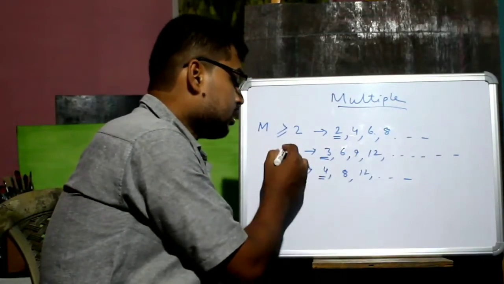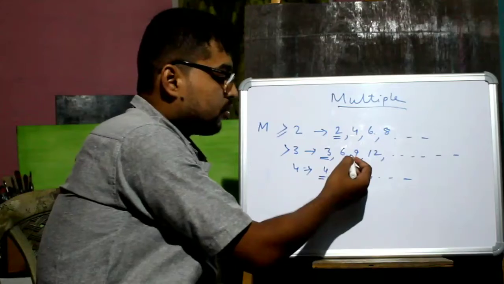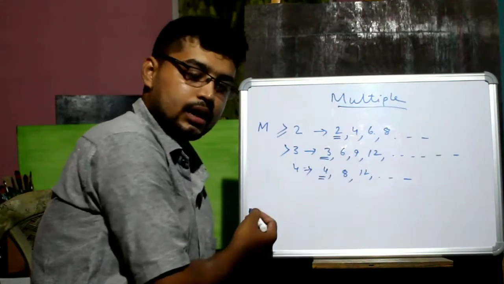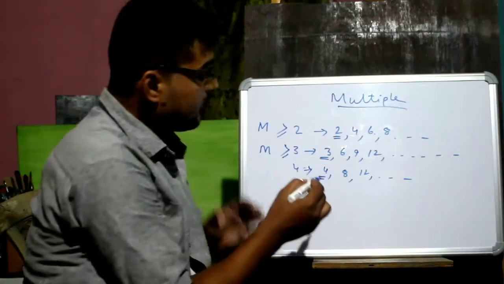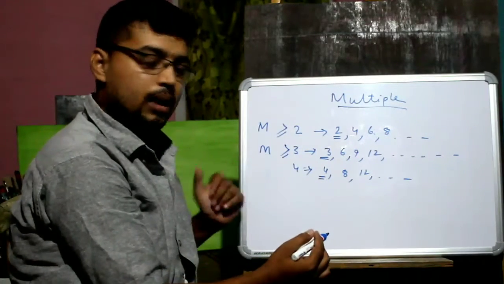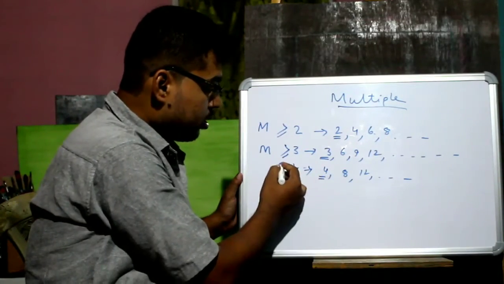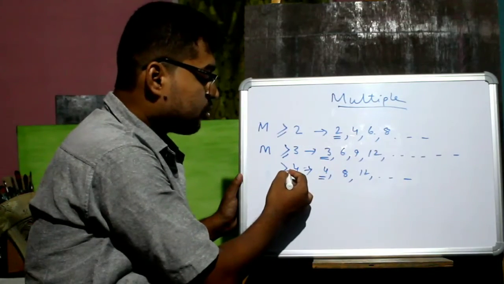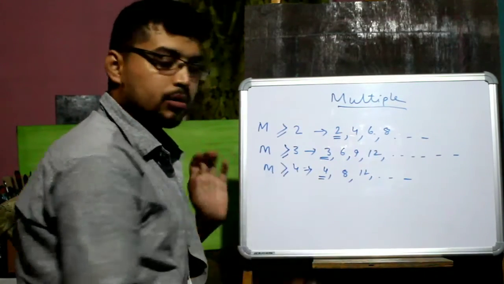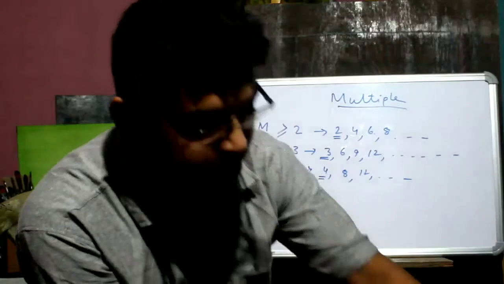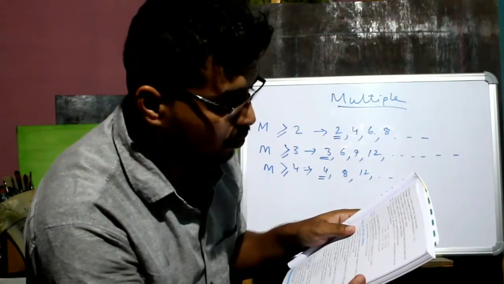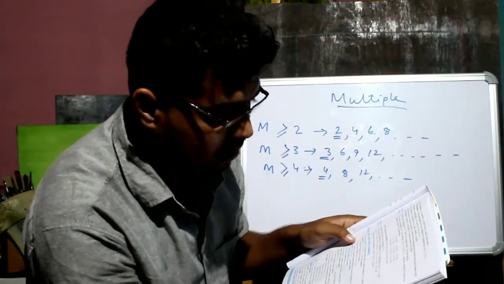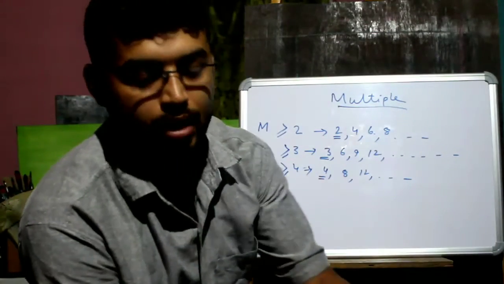Next, number 3: the number of multiples of a given number is infinite.